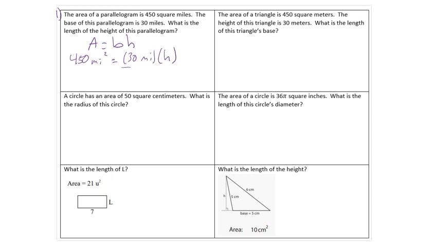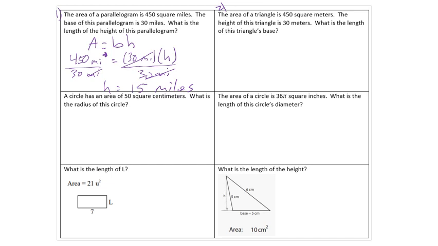So what I got to do is divide both sides by 30 miles. And when I do that, these cancel, and height comes out to be 15 miles, because the mile unit will cancel out the square, and we're left with miles. There's my answer.